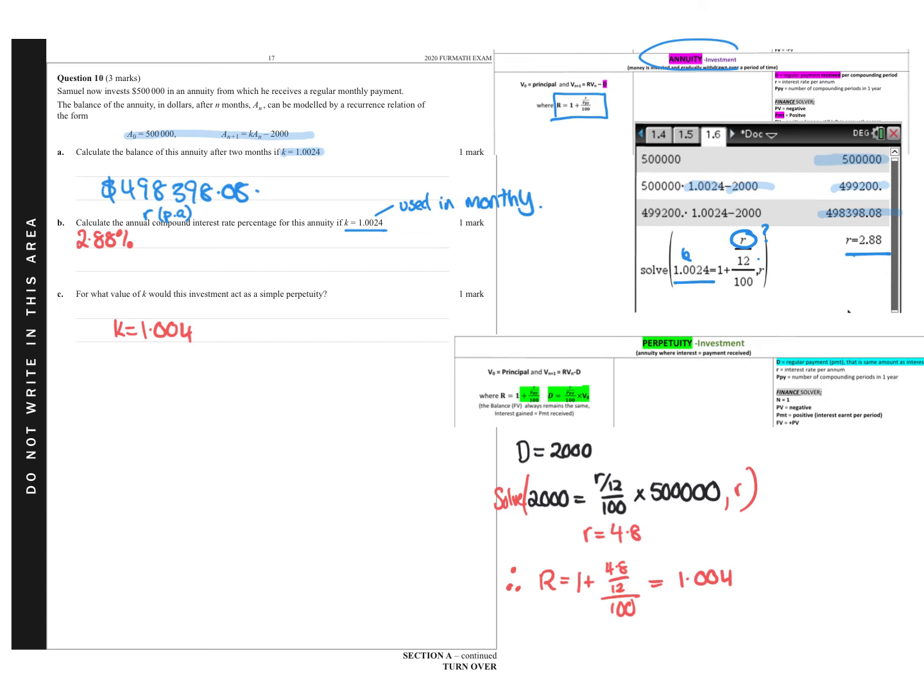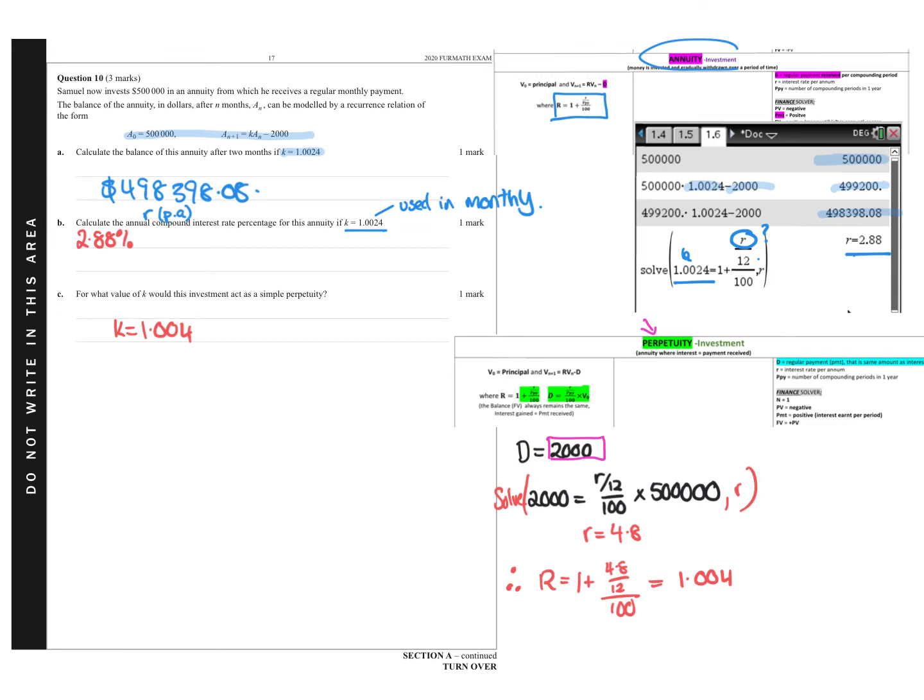Now it says, for what value of K would this investment be a simple perpetuity? So here we have to go to the perpetuity part, and what we want is the payment, which would be 2,000, to equal the interest earned.